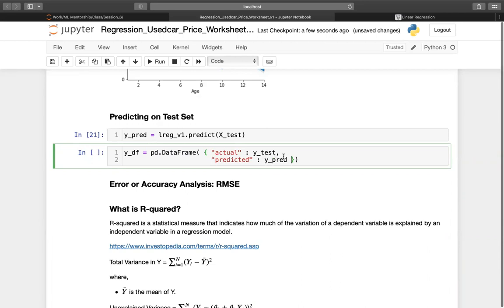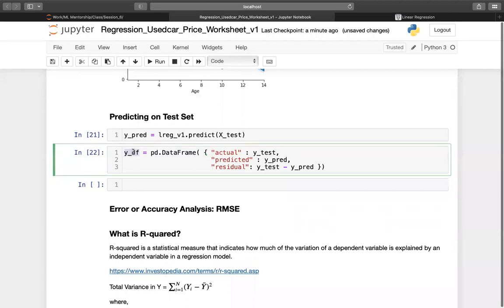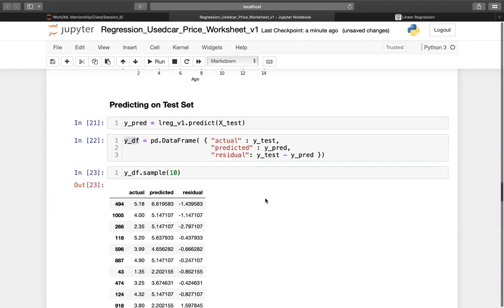So you can compare one to one. One column will be actual, one column will store the predicted value. The other one we can call error, or we also call residual. The error is also called residual. So y_test minus y_pred. Let's look at ydf.sample, randomly sample some 10 records and look at that.